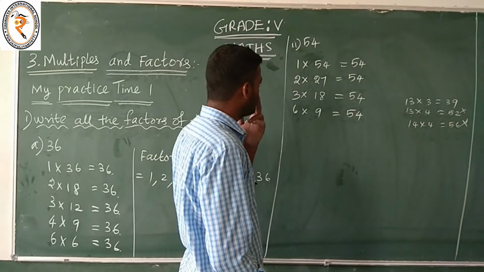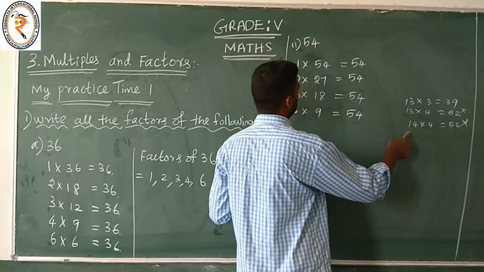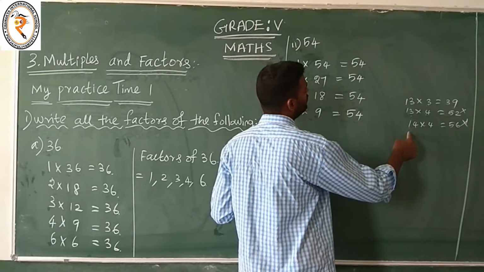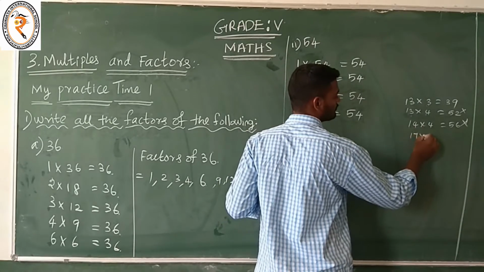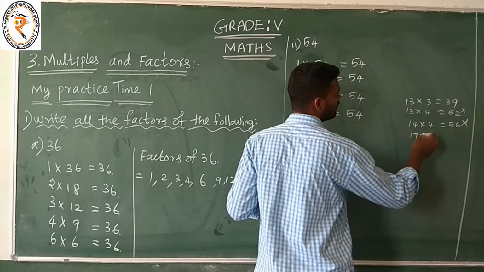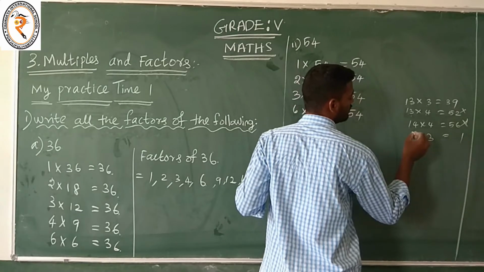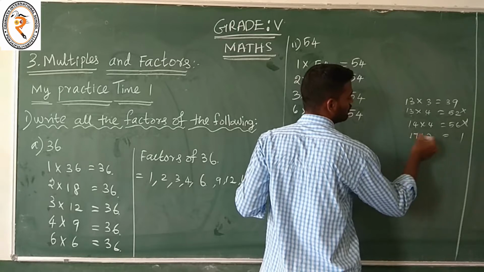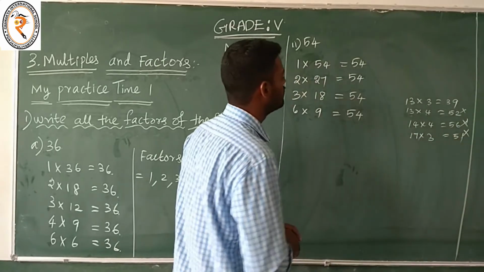Next, 15th table and 16th table also not in 54, and 17th table: 17 3s are 51, so 17th table also not in 54.